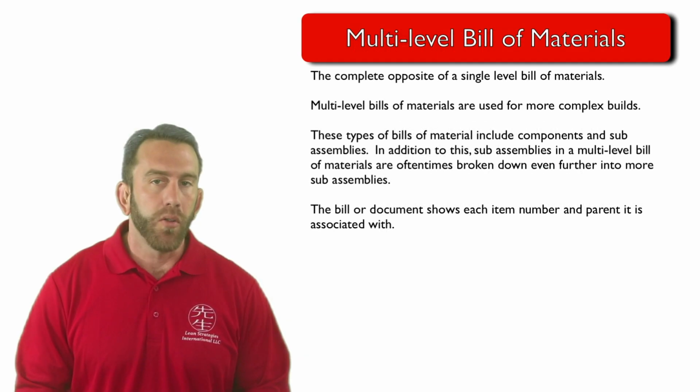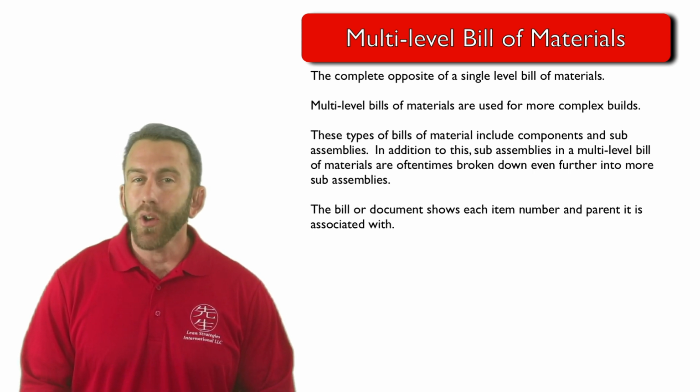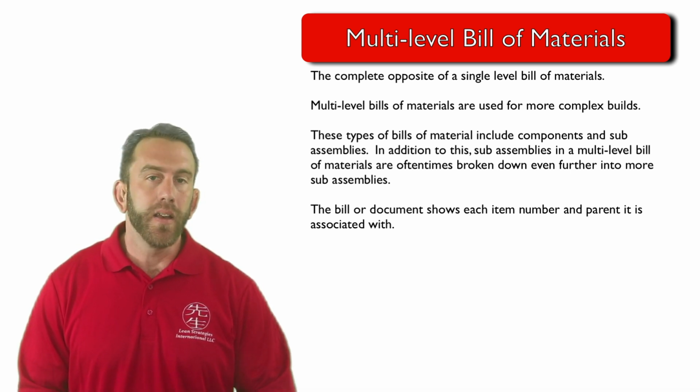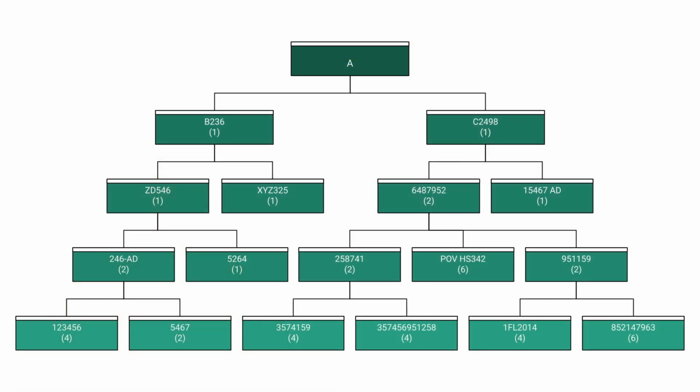In these types of bills of material, the bill or document must show each item number and the parent it is associated with. Multi-level bills of material almost always have more than two levels of a parent-child relationship.